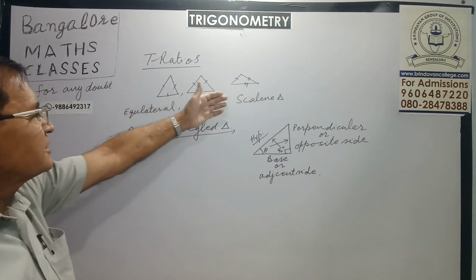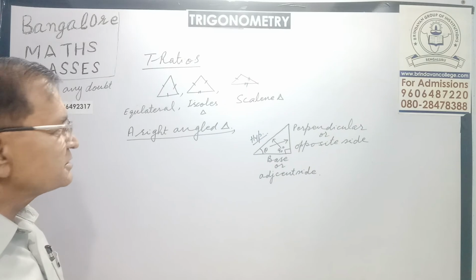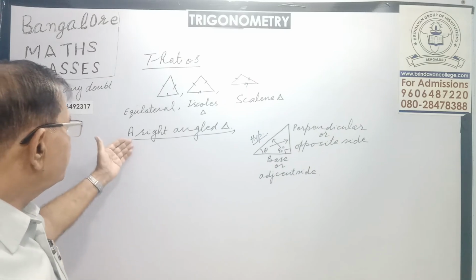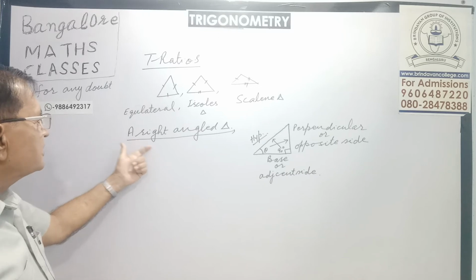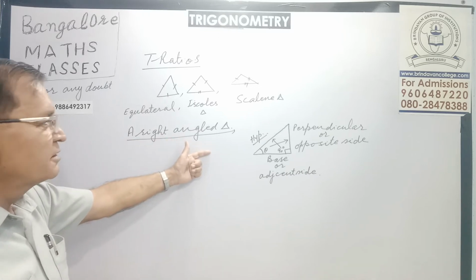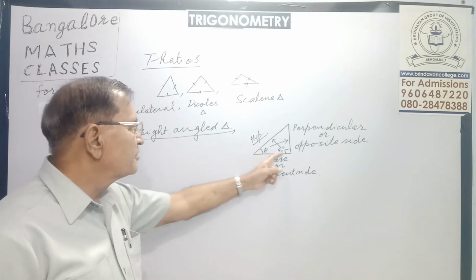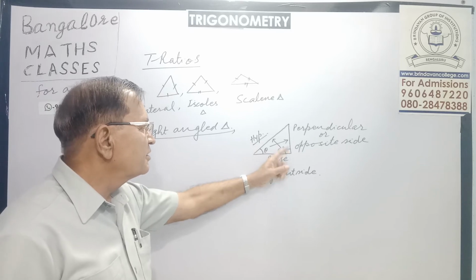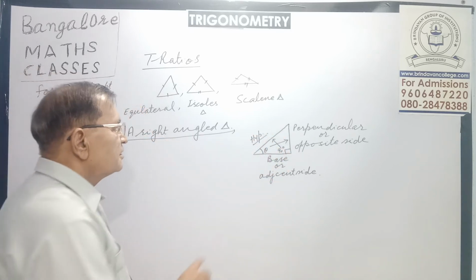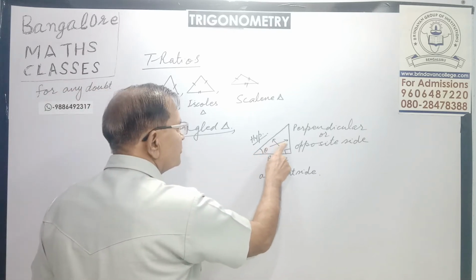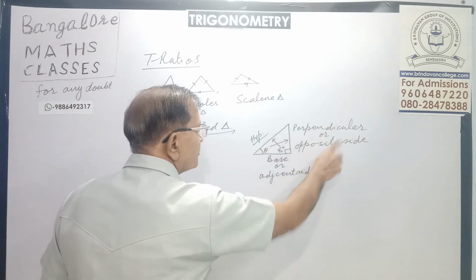These are simply the type of the triangles which I have explained there. In fact, your portion starts from here, a right angle triangle. A right angle triangle with one angle 90 degree, no concern with the other angles. Side facing theta, we call it as perpendicular or opposite side.